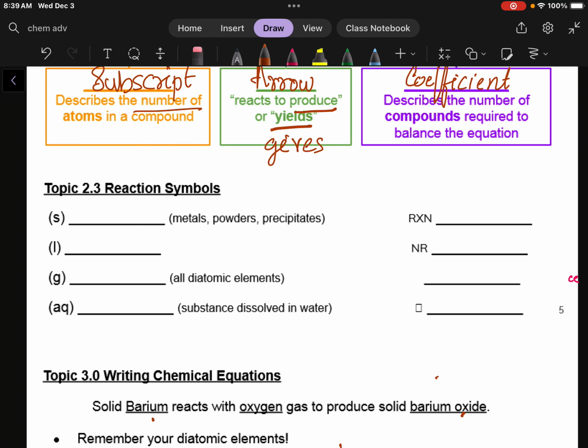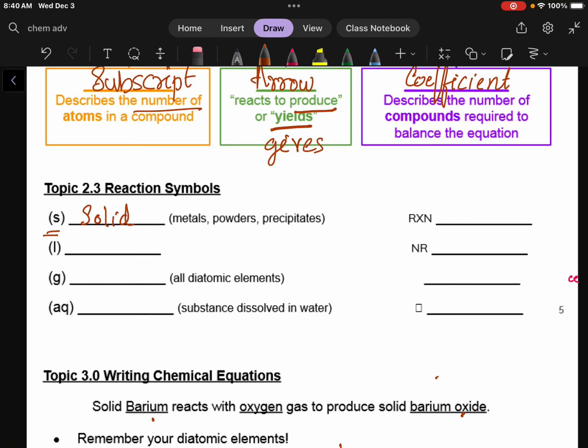Now reaction symbols. Whenever you write the reactants, we will see a lot of symbols. If you are seeing S there, that means it is a solid. Look at the periodic table, everything printed in black and white color, those are solids.